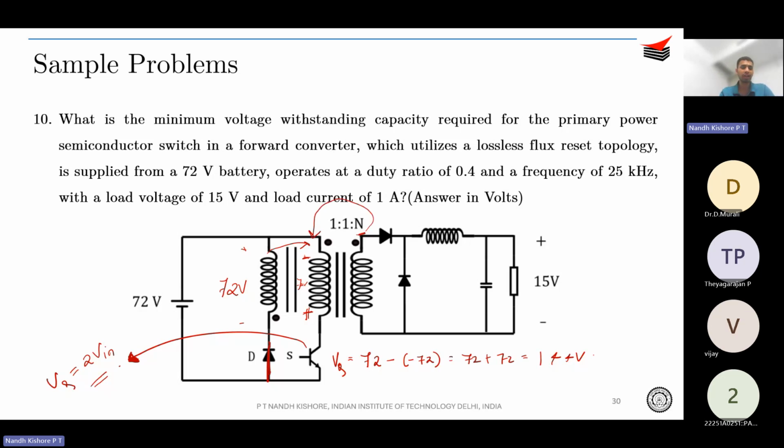But the easier answer is directly 2 times Vin. Even if you do it by this method, that is, you transfer the secondary side to the primary side by finding N using the given data, you'll again get VQ equal to 2 times Vin. Okay.